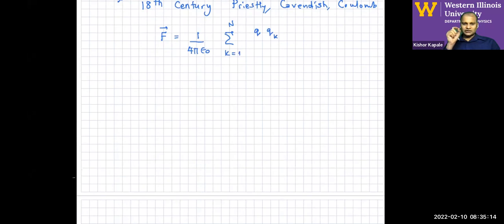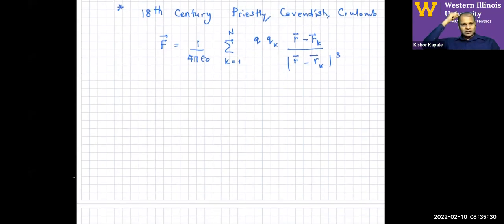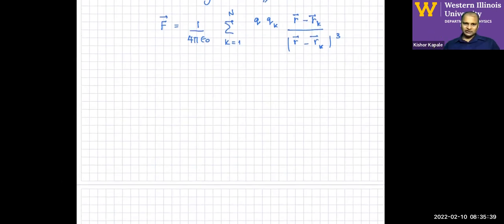So you have one test charge and then another collection of charges labeled q_k, and you get the force between them to be like this. Because you have a full r minus r_k vector in the numerator, you have a cube in the denominator, but dimensionally it is 1 over r squared, right? So this is action at a distance.